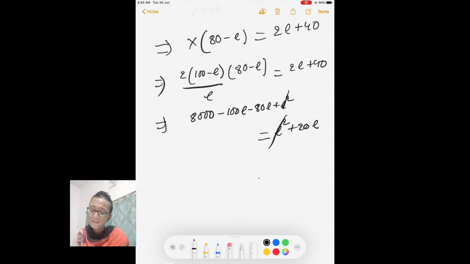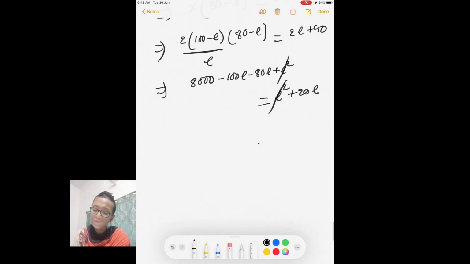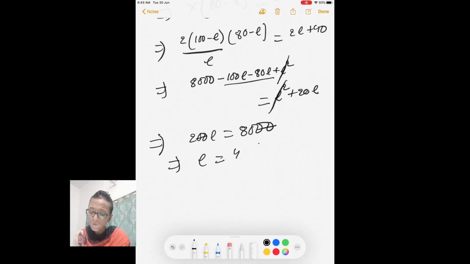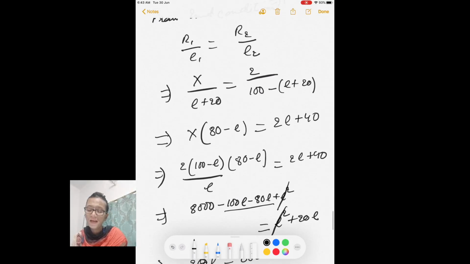So L square is cancelled from both the sides, and taking the two terms on the other side, it becomes 200L is equal to 8000, and it implies that L is equal to 40 centimeter.